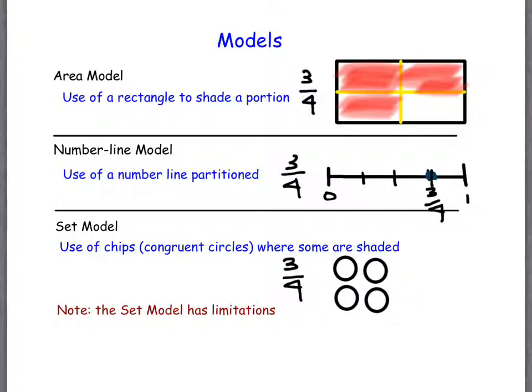All right, there's my 4 chips and 3 of them shaded. Now, that can always be done if you're working from scratch, right? If I give you a fraction and I told you to create a set model, you could draw it: the denominator has 4 pieces, the numerator would be telling me to shade in 3 of them. That works just fine. But the set model has limitations. What if you were working with money and you actually had 5 quarters?